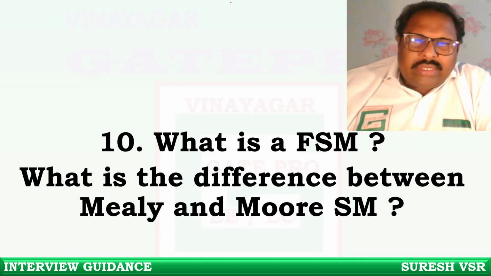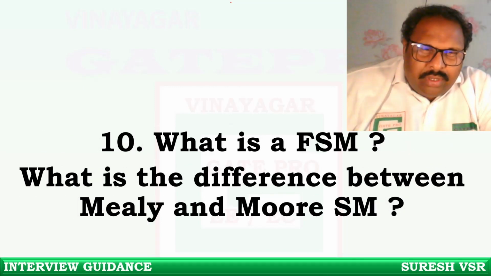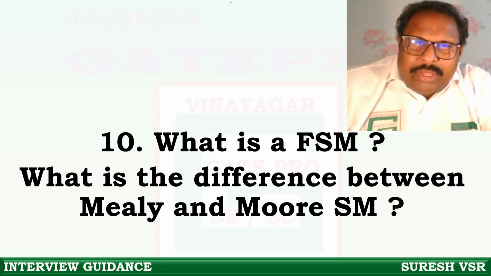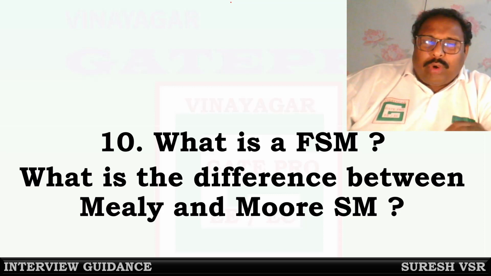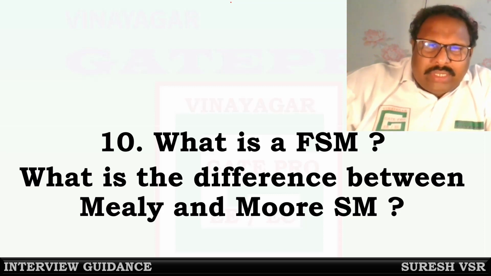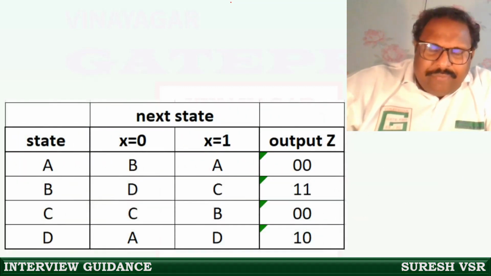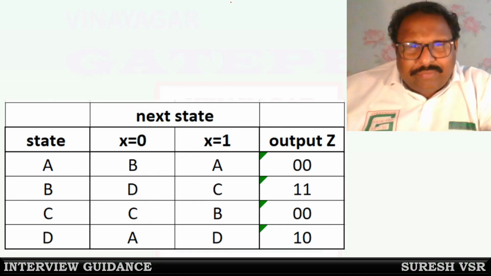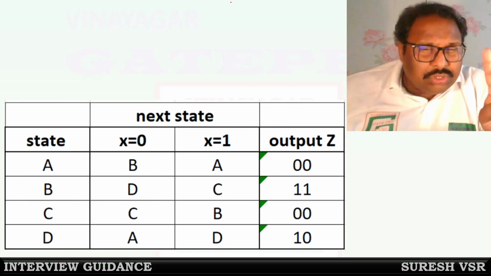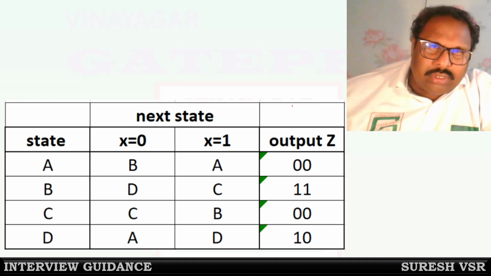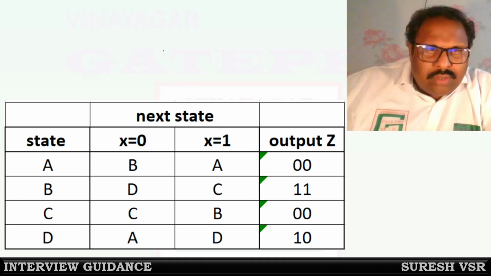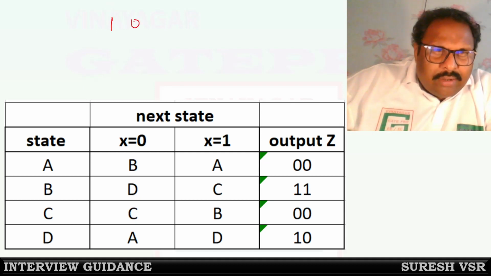Next, what is a finite state machine? And what is the difference between the Moore state machine and Mealy? But first of all, what is a finite state machine? Unlike a flip-flop, which has two states, this can have multiple states. It can send multiple outputs, multiple symbols. A flip-flop has got only 1 and 0 states.